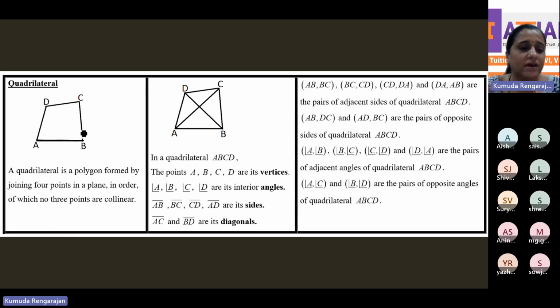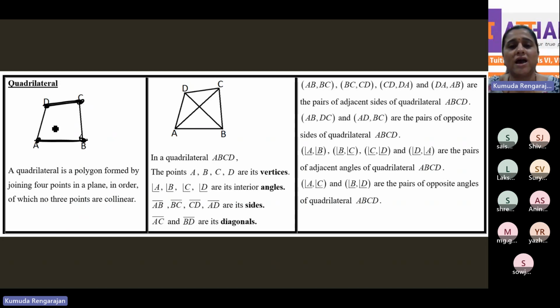AB and CD are opposite sides and they don't have any common vertex, because the vertices are A, B, C and D. Opposite sides do not have a vertex in common, while adjacent sides will have one vertex in common.